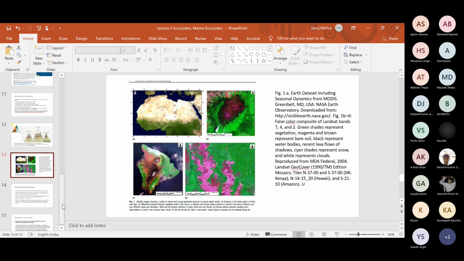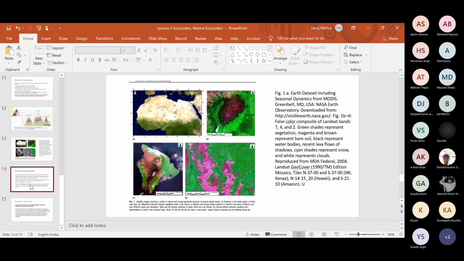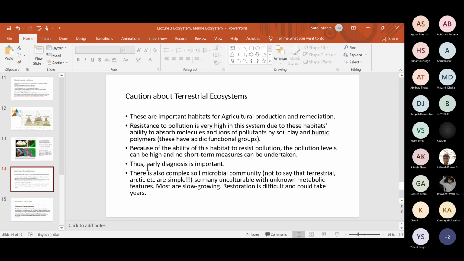So to sum up our knowledge of ecosystems, these are very important habitats. Terrestrial ecosystems, I have talked a lot about the marine ecosystems, but these are very important habitats for agricultural production and remediation.